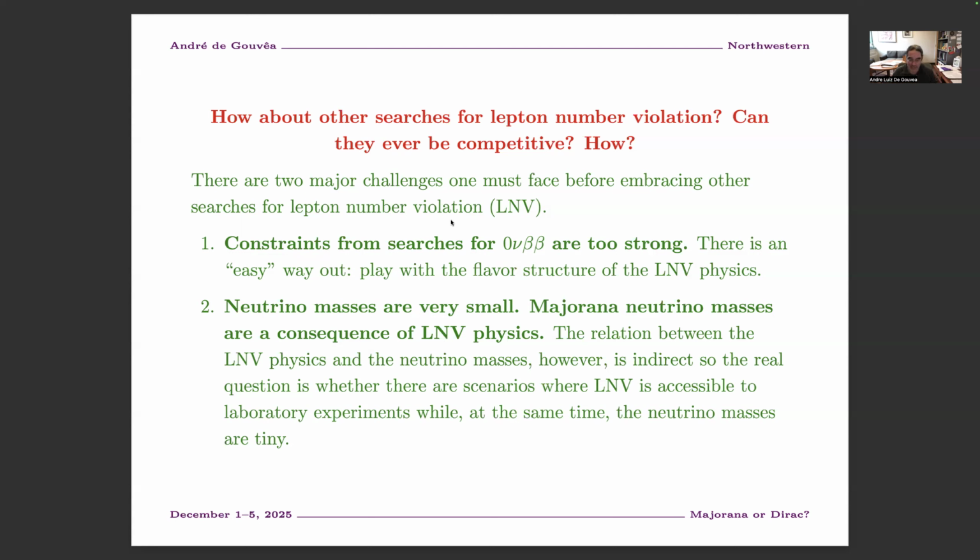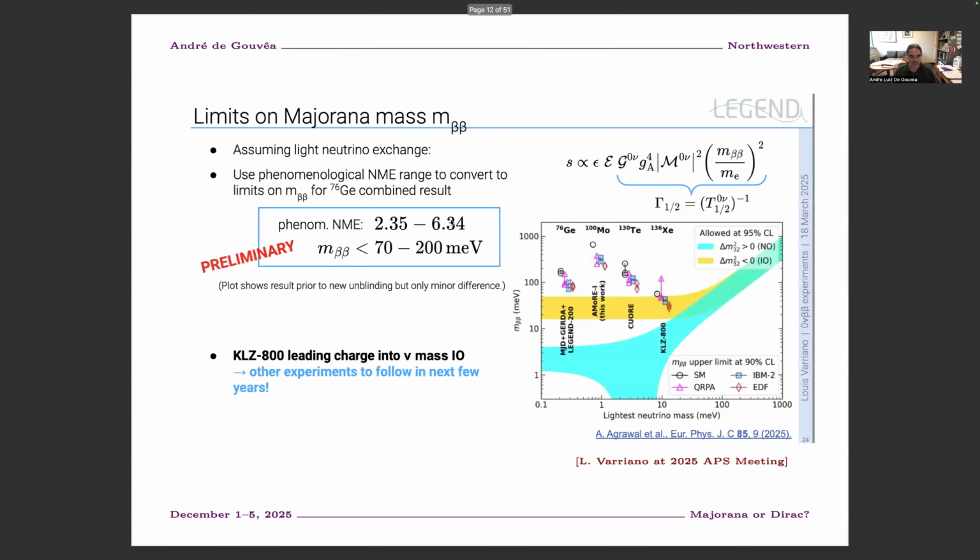The answer turns out to be yes, because neutrinoless double beta decay really cares about the electron flavor. So if you have other processes that speak to other observables that have to do with other flavors, they might not be ruled out by searches for neutrinoless double beta decay. One way of thinking about this is you notice that in the case of the normal ordering, this effective mass for neutrinoless double beta decay can be very, very tiny and even zero.